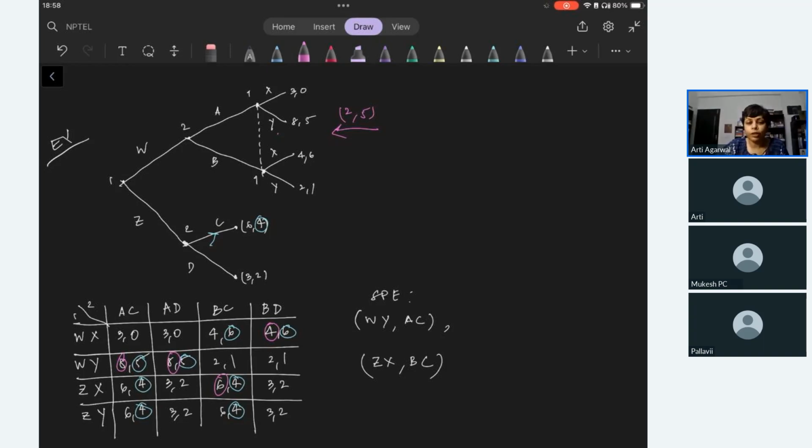But if you have to eventually solve for Nash equilibria, then you need to make the table, because in a game tree it's not so easy to identify Nash equilibria, since you don't know which is the best response of both the players.